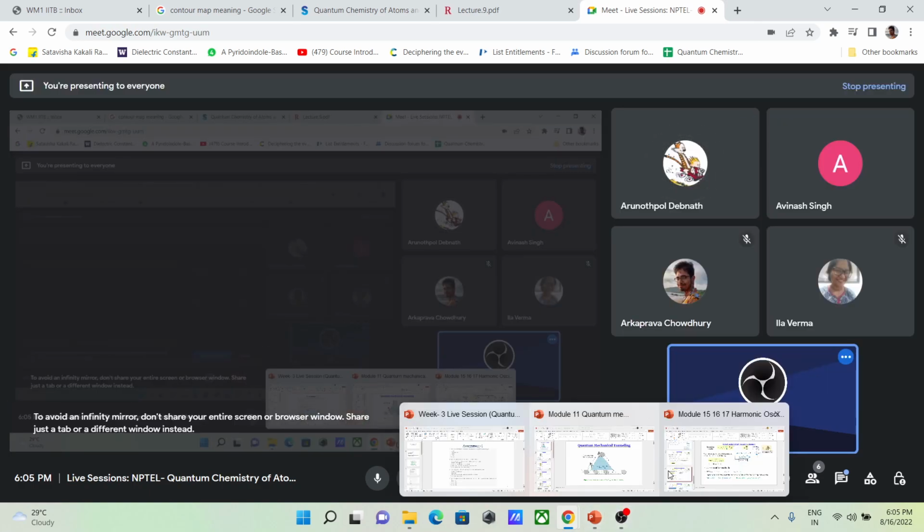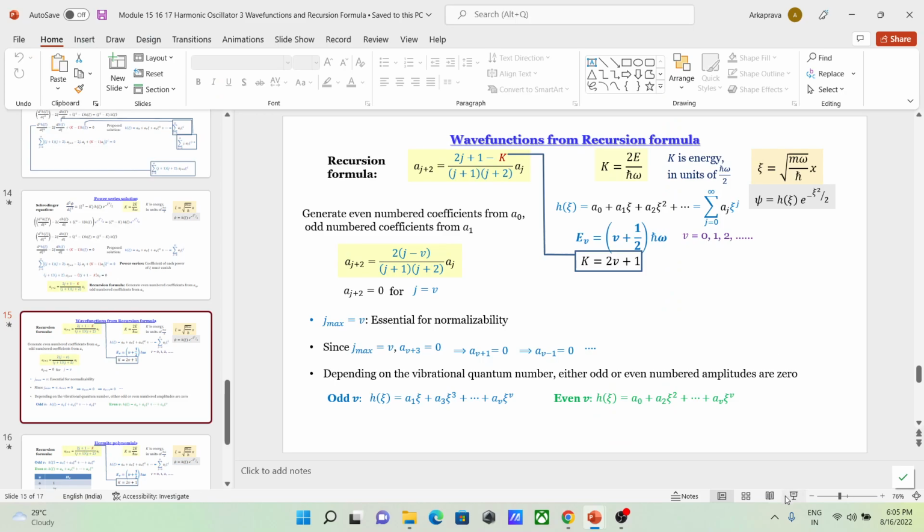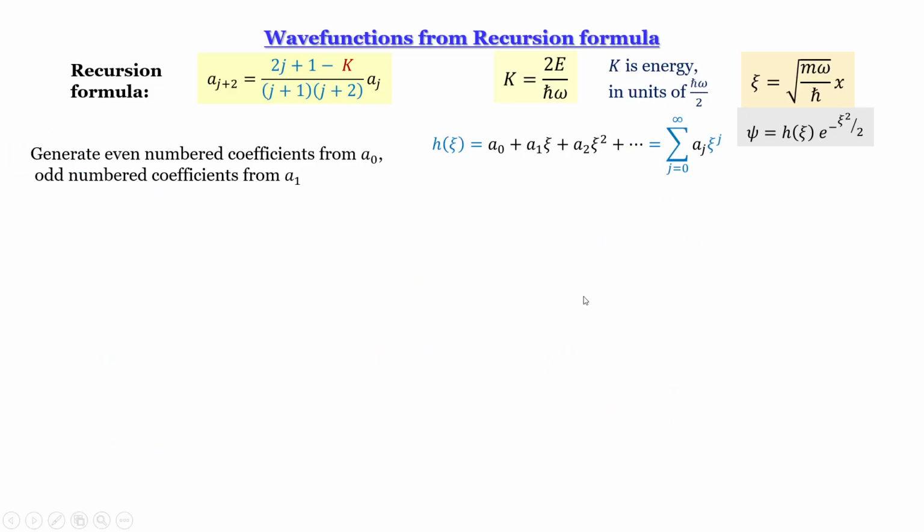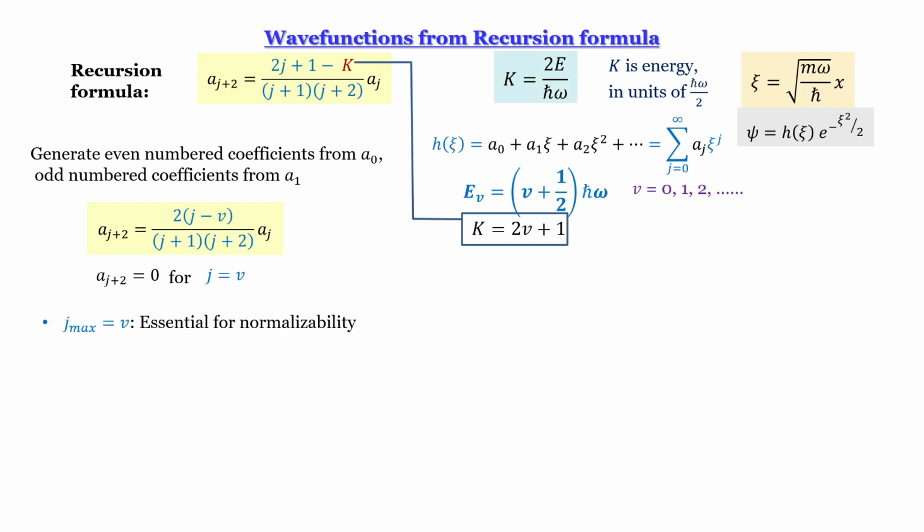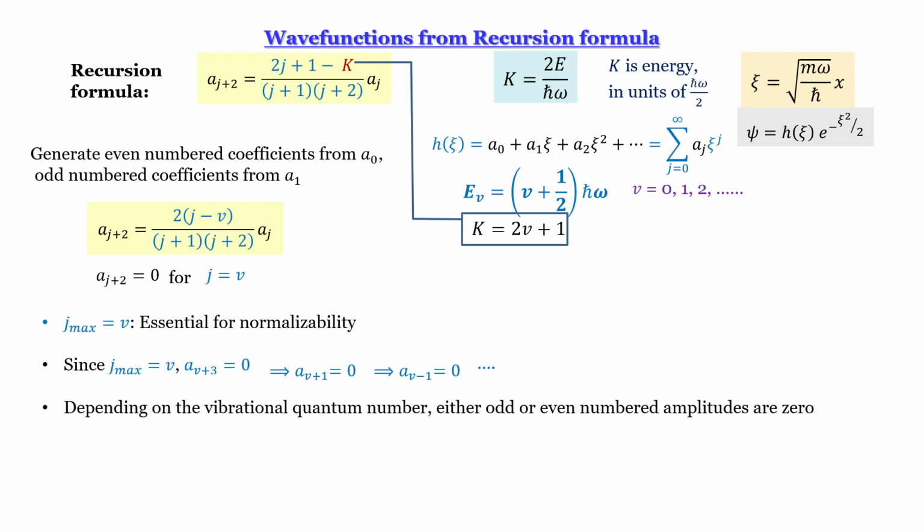Yes. I think you were talking about this recursion formula. Let me go step by step. We derived the recursion formula, and from there we concluded that we have either only odd or only even terms. You can understand why we came to this conclusion: this series should end.